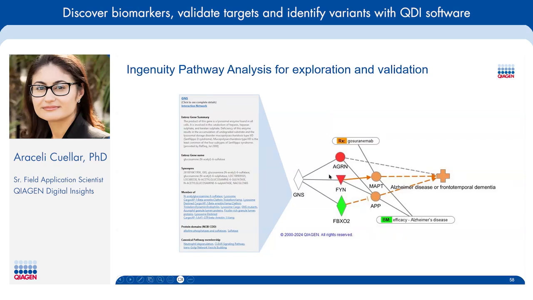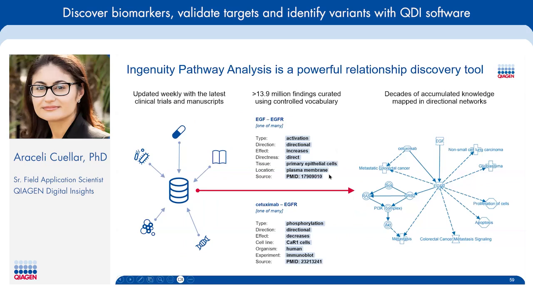So IPA is a powerful relationship discovery tool. For more than 20 years, QIAGEN's team of MD and PhD level scientists have gone through the literature in top journals and defined the key molecular interactions found within those publications, pulling out appropriate context for these relationships from the study to understand the interactions between molecules, and associations between diseases and molecules, right?